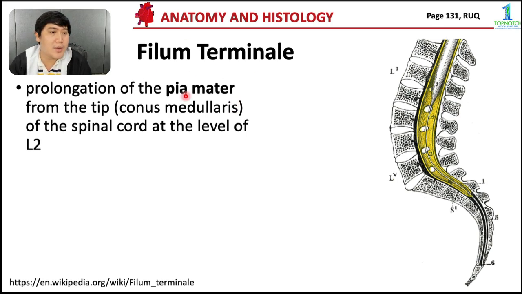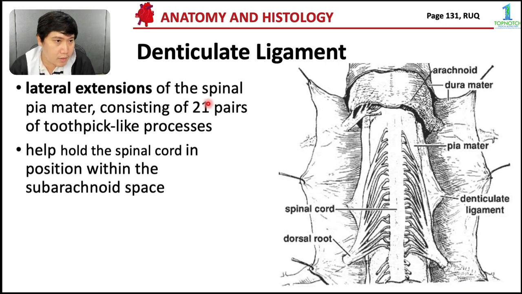That's a continuation of your pia mater. Laterally, your pia mater also has extensions which appear like tooth-like processes. You have 21 pairs of this ligament, known as your denticulate ligament, which acts to hold the spinal cord in position within the subarachnoid space. So the answer to the question is denticulate ligament.